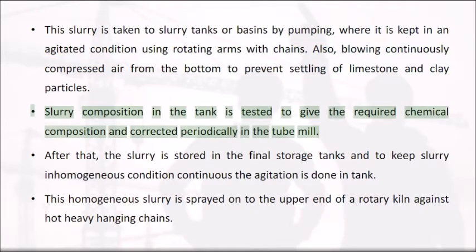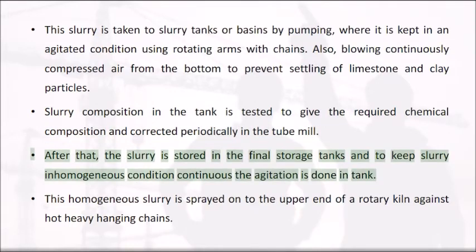Slurry composition in the tank is tested to give the required chemical composition and corrected periodically in the tube mill. After that, the slurry is stored in the final storage tanks, and to keep the slurry in homogeneous condition, continuous agitation is done in the tank.